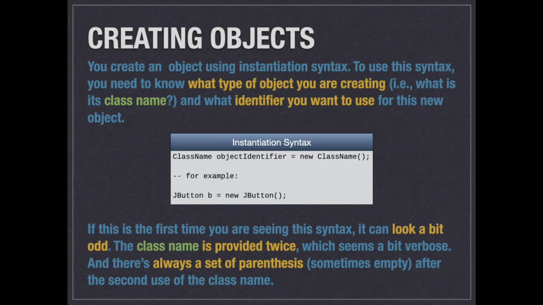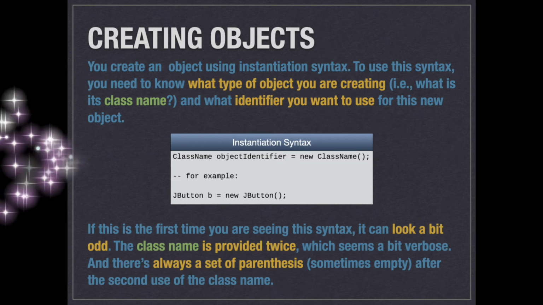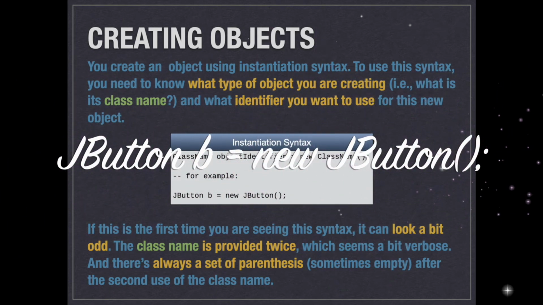As an example, since that's so generic as to be almost not helpful, if we wanted to create a new JButton and we wanted to call it B, which is a perfectly good name if there's only one button. If there are multiple buttons, you won't want to call them B. You'll want to call them something like OK button or next button or cancel button, or whatever makes sense for your code. But B's fine here. So the syntax is just JButton B equals new JButton. That will, in Java, create a JButton.